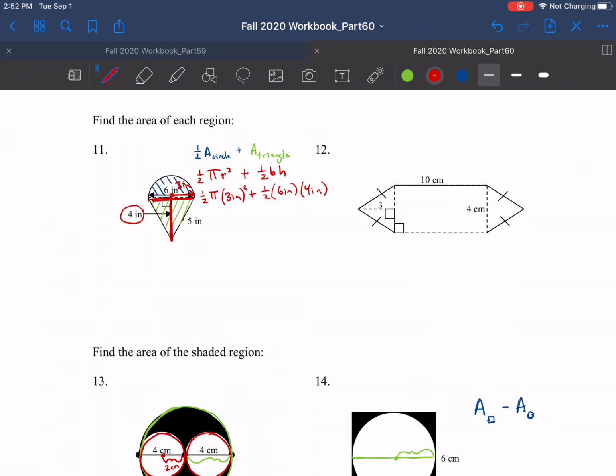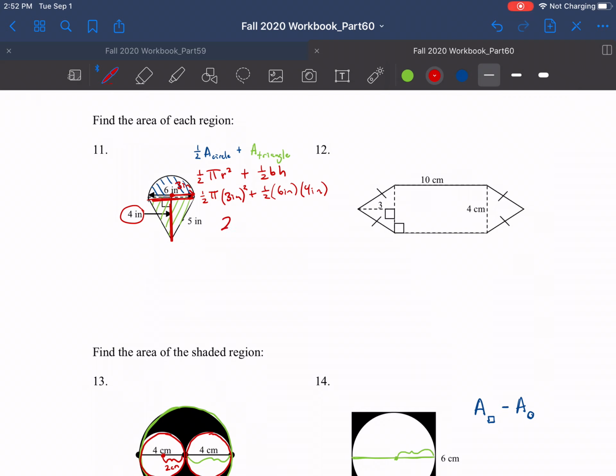So this is 9 times pi times 1/2. And then that gives us 14.1372. And then we're just going to keep that in the calculator and go ahead and add on 1/2 times 6 times 4. Well, 6 times 4 is 24, so half of that's 12. We're just adding 12 on.